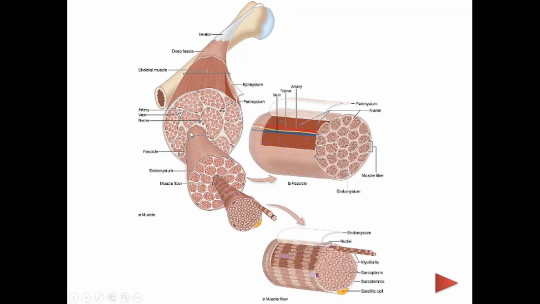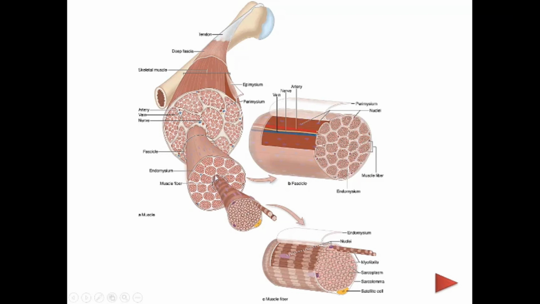Like the nerves in the nervous system, here connective tissue organizes muscle cells. Like the nerve, the connective tissue surrounds each muscle fiber, here called endomysium, like endoneurium.